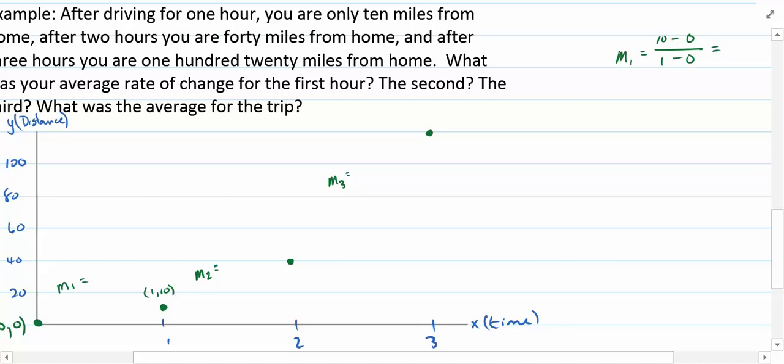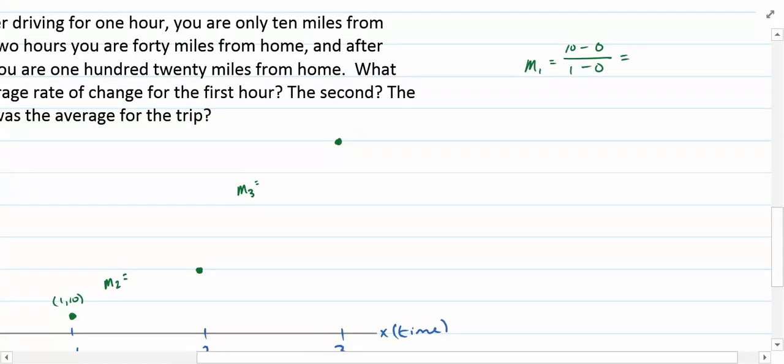So if I were to simplify this slope, I have 10 minus 0, which is 10, over 1 minus 0, which is 1. We traveled 10 miles per hour on average. And that makes sense. We traveled 10 miles, and in 1 hour, we can see that we traveled on average 10 miles per hour.